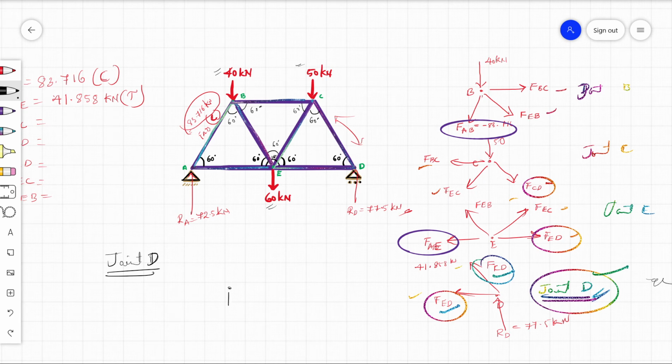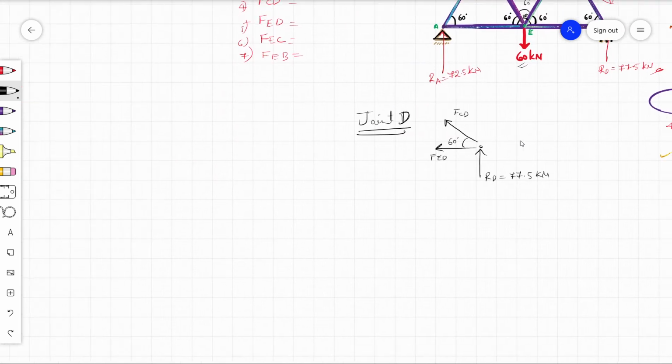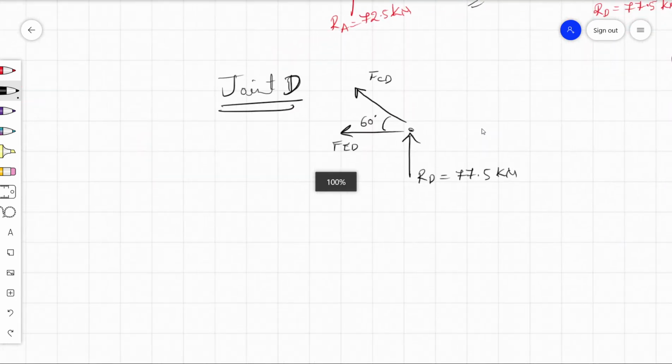So joint D with the reaction, that is RD equal to 77.5 kilonewton. Then FCD as well as FED, which is making an angle of 60 degree. Now let us concentrate only on this diagram.